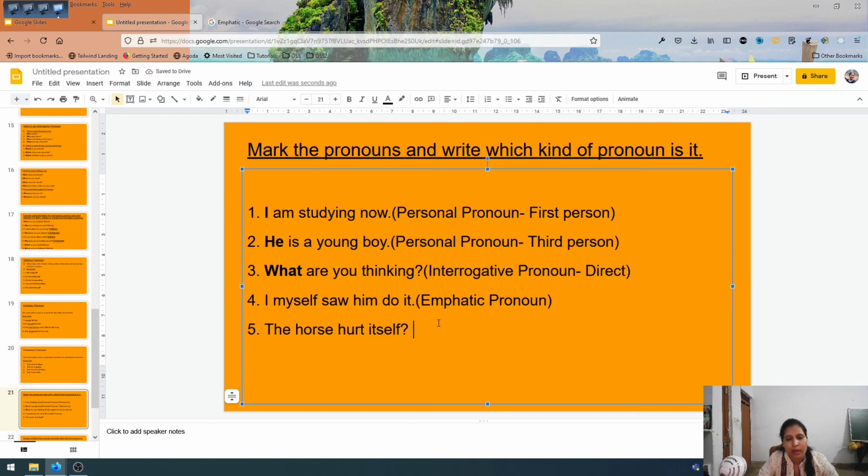It is a reflexive pronoun. R-E-F-L-E-X-I-V-E. Reflexive pronoun. So in this way you have to do it, and here I will just bold myself and itself. So you will be able to understand which are the pronouns in these questions.